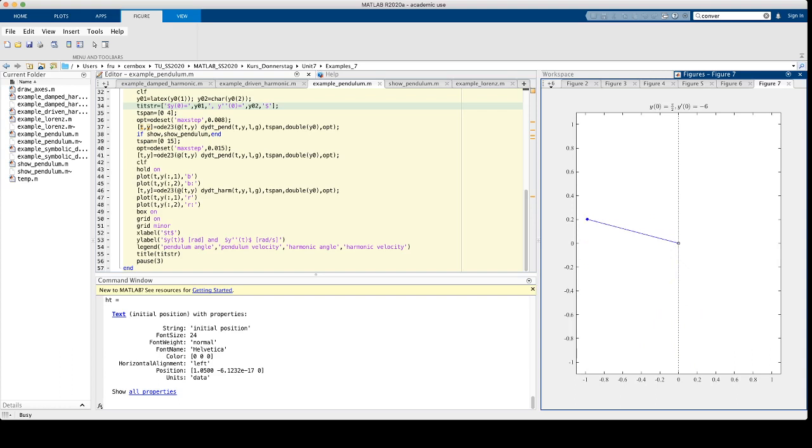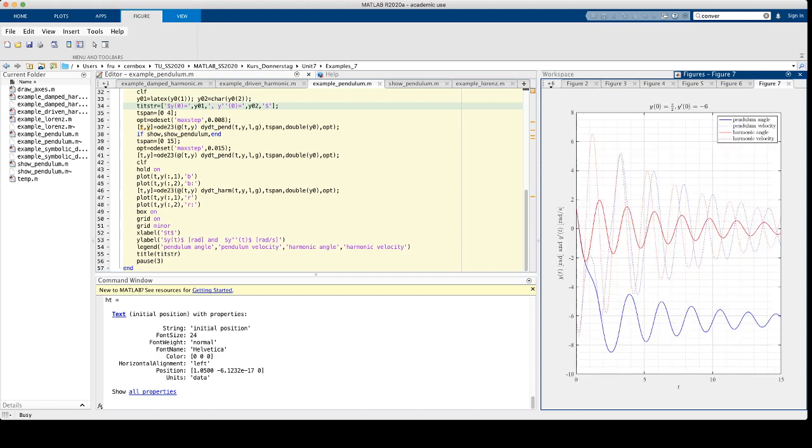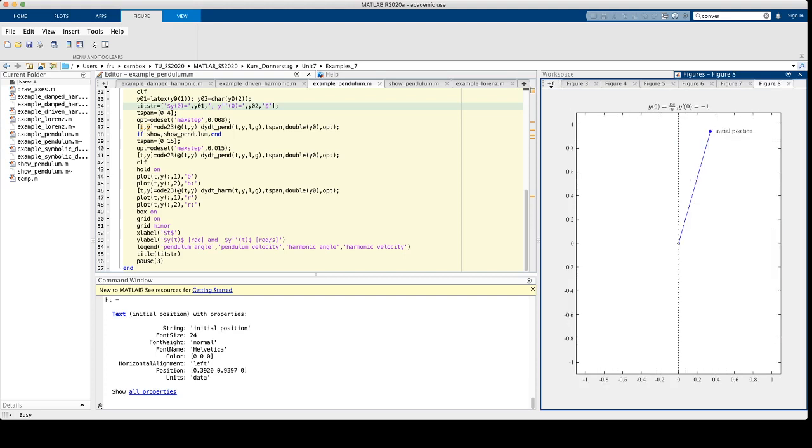And due to the damping now, the pendulum goes around only once. We can also see this in the trajectory.